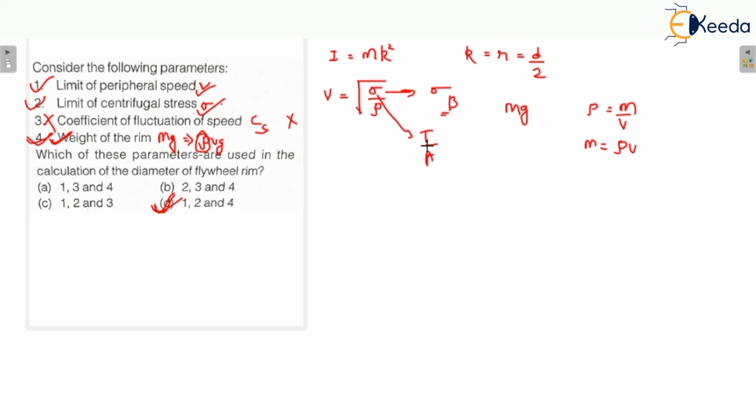We all know that at medium speed a flywheel with spokes is considered, and at high speed a disc shaped flywheel is considered, because the disc shaped flywheel has high energy storing capacity and is also known as the best flywheel. The highest energy storing capacity is half I omega square.